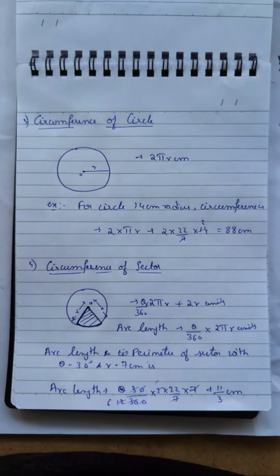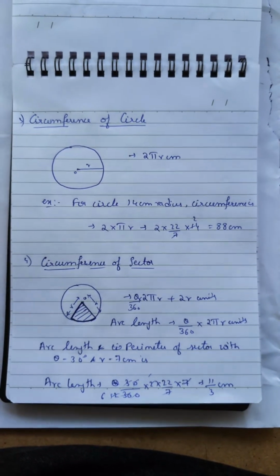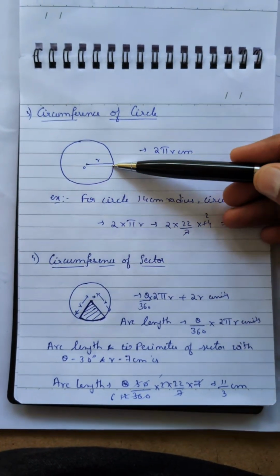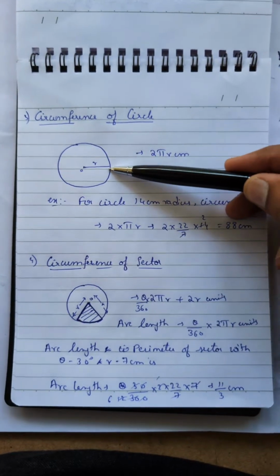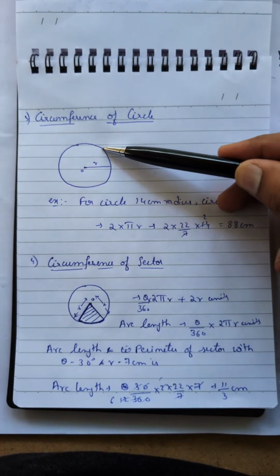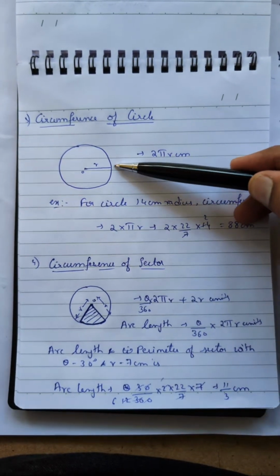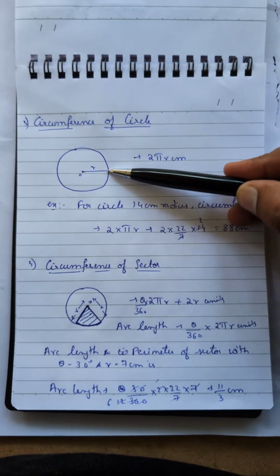Let's see for circle, we don't see it as a perimeter, whereas we call it the circumference. So here also same. What is the circumference of a circle? The circumference is nothing but the total boundary length of a circle. If we start from this point and go around the entire circle and end here, then the total distance covered from this point to this point again will become the circumference of a circle.